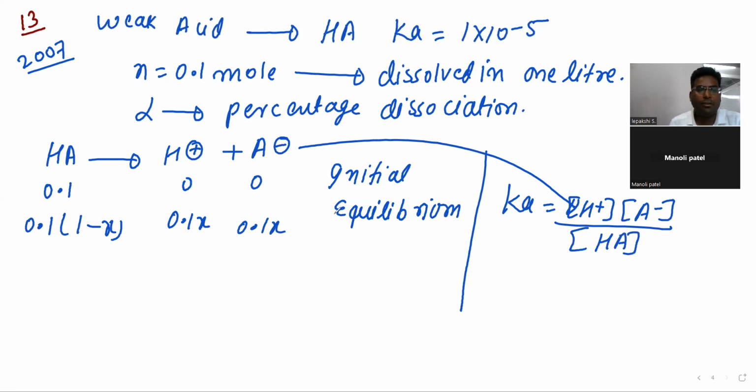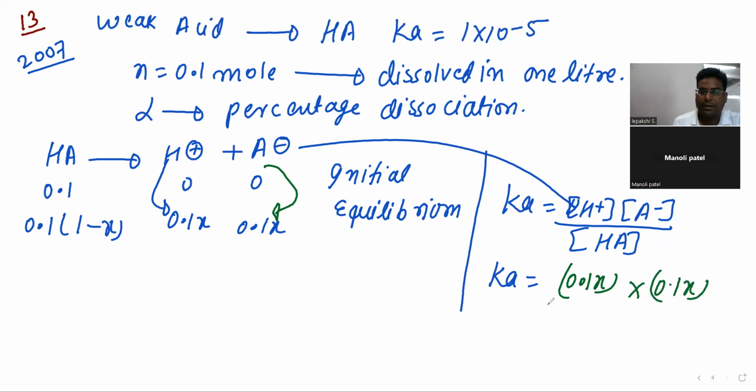Now put the value of each term. So K is equal to, this is your H plus concentration and this is your A minus concentration. So it will be 0.1x, 0.1x divided by 0.1 into 1 minus x.